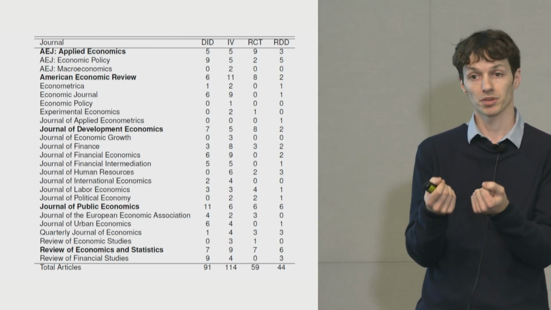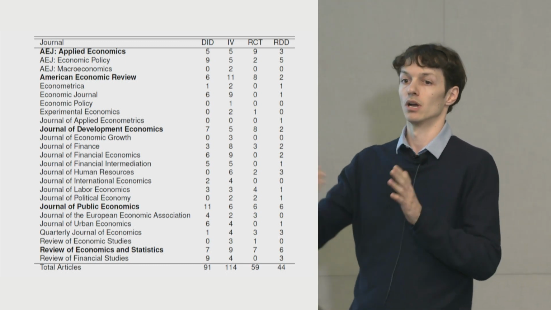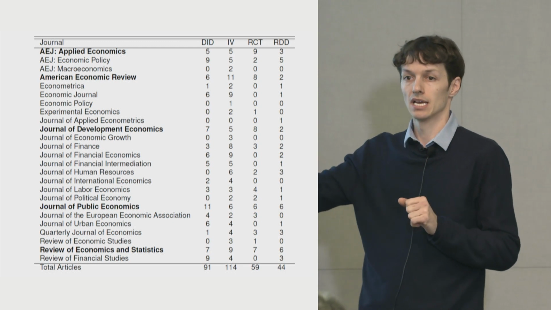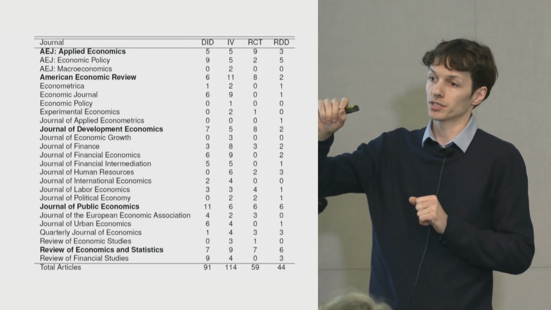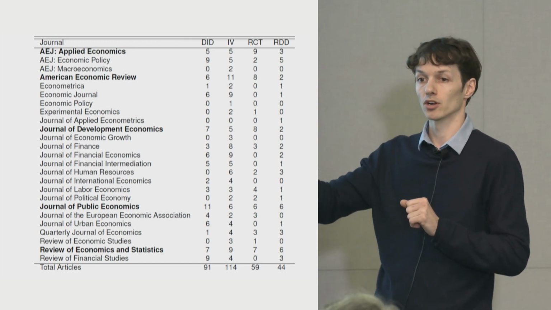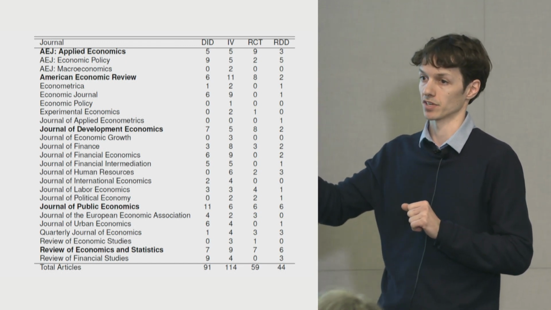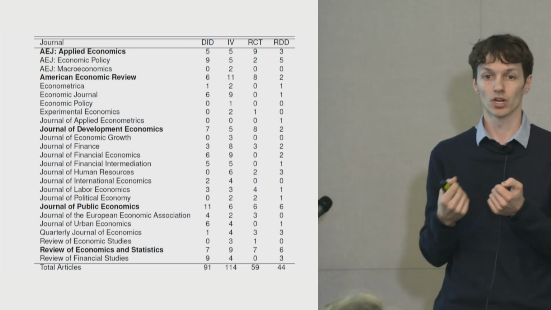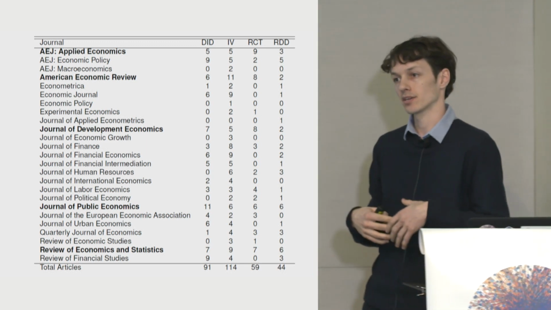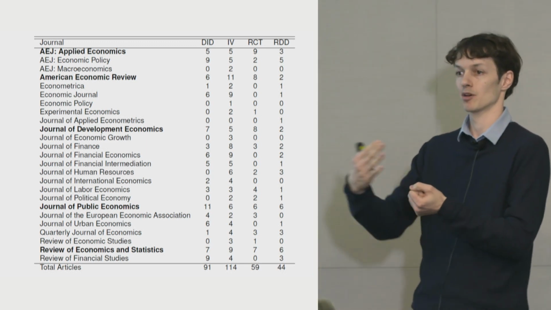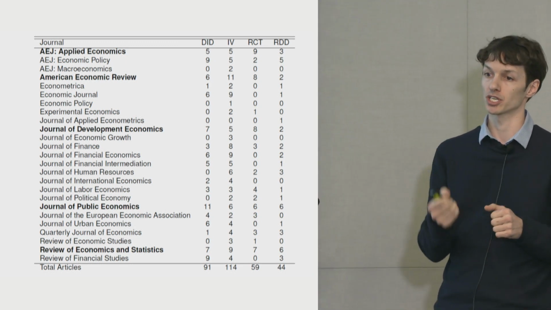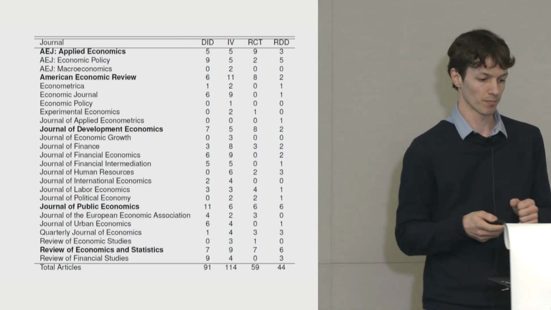When there's an issue, or they publish some articles, we look at these articles, and the question we're asking is: are articles using an RCT more likely to reject the null hypothesis than an article using an RDD, or a diff-in-diff, or an IV, within a journal? So we're looking at the extent of rejecting the null hypothesis by method. We're going to be using caliper tests, looking at whether there's bunching just at 1.96.